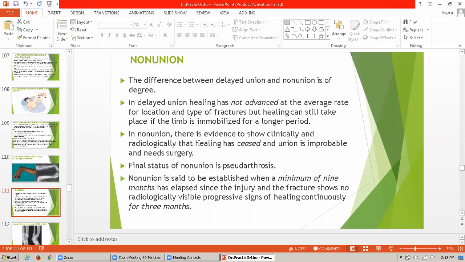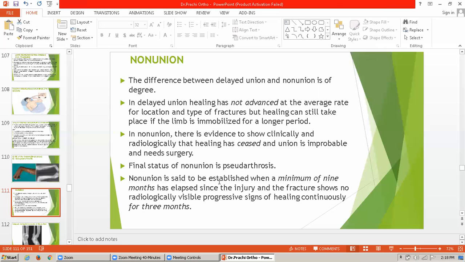In non-union, there is evidence, clinically and radiologically, that healing has ceased and union is improbable and needs surgery.